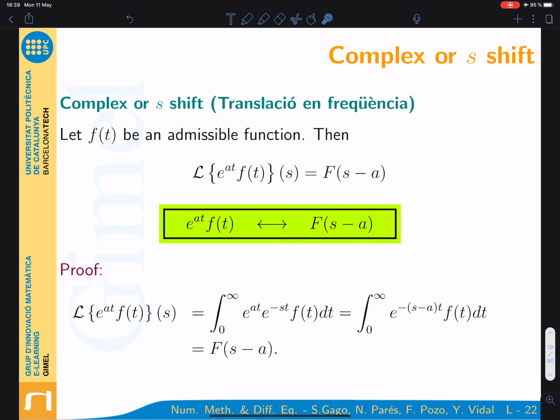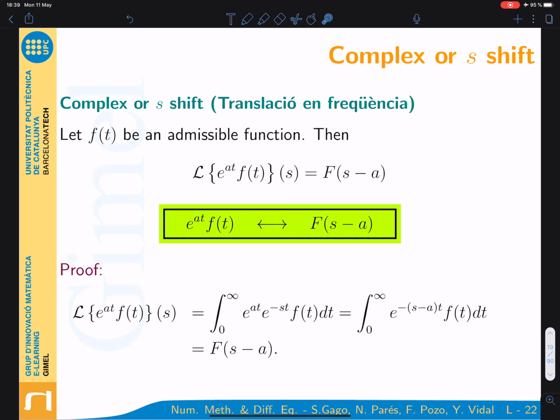Now, another property that is very important is the complex s-shift. That is a translation in the frequency domain. And the property looks like this. The Laplace transform of an exponential function times f is equal to just a translation in the frequency domain.